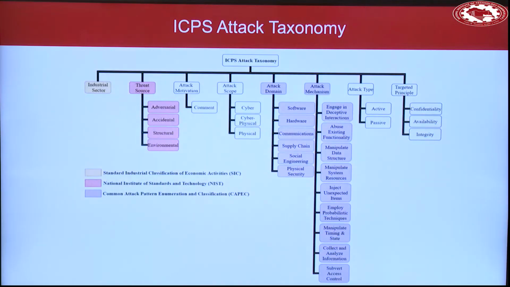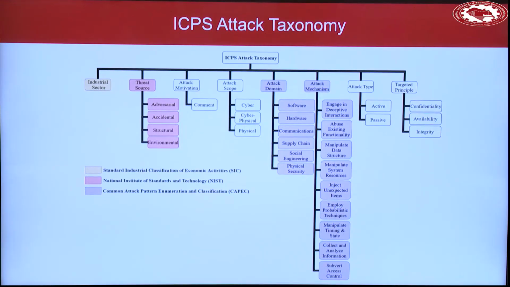Now, one of the things we try to understand is the possibility of attack and how we can categorize attacks broadly, so that we can build an understanding of the potential nature of the attack, what they can exploit, and in what way they can attack our system. Researchers have come up with something called attack taxonomy.